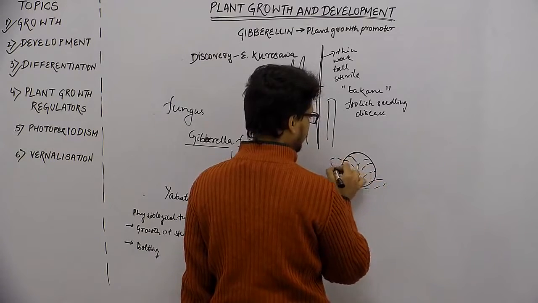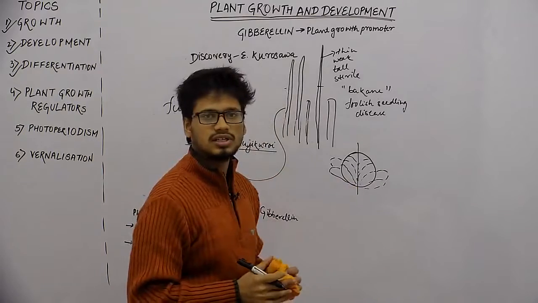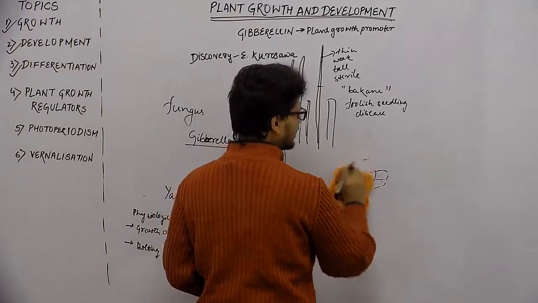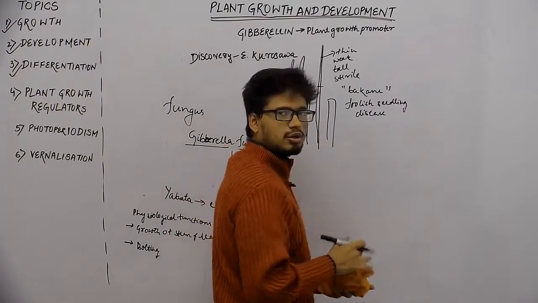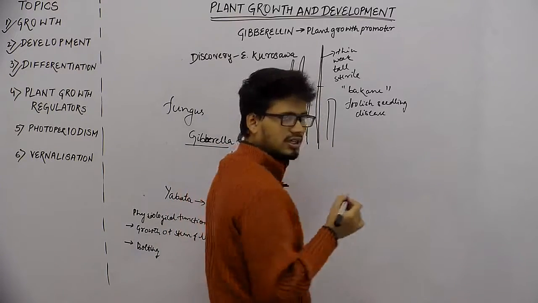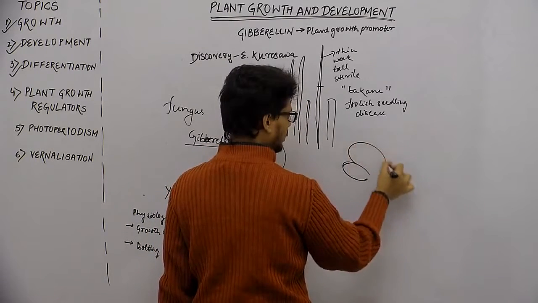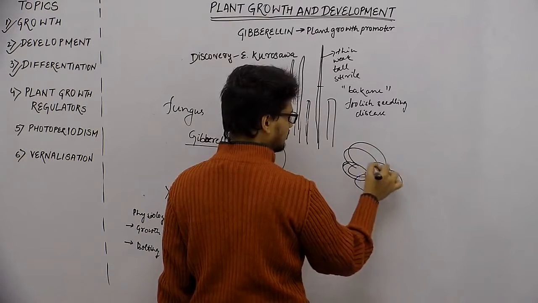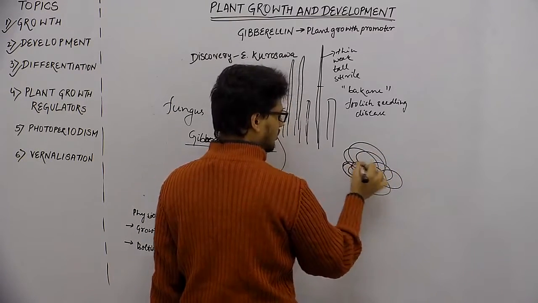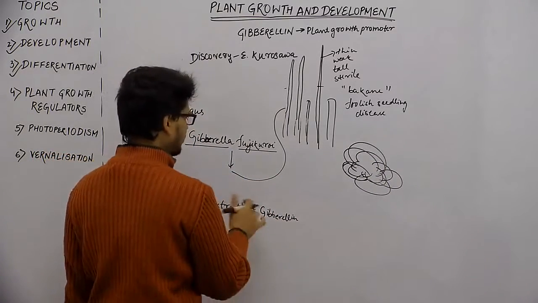all wound around an axis. So this is called the rosette condition. In the rosette condition, the growth of the internodes is shortened, because of which the plant develops leaves something like this. But what does gibberellin do?